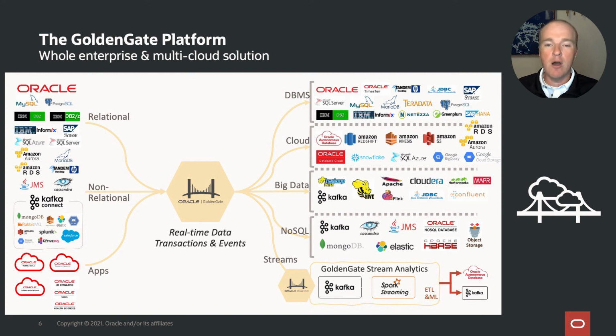And then also all of these targets that we can deliver real-time guaranteed transactions to based on those events from the sources. So of course, relational databases such as Oracle, SQL Server, DB2, Teradata, all of the cloud, so anywhere that these happen to be running, or additional technologies in the cloud, the big data technologies, and we know that this is fast moving, but Kafka, all the object stores that are there to support replicating your data into, all the NoSQL targets that we support, so Kafka, MongoDB, and then providing that layer of stream analytics on top of this as well.